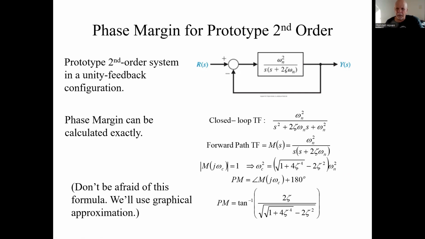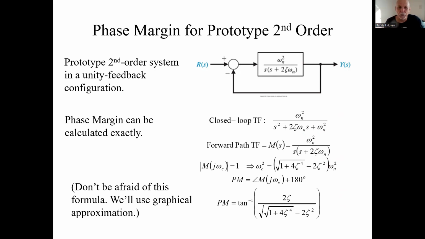We can kind of go back and forth. If you give me phase margin, I can tell you what the natural frequency and the corresponding damping ratio would be for a prototype second order system. We're not going to use these formulas directly, and I'm not going to go through the derivation of these. There's more in my typed notes on my website.